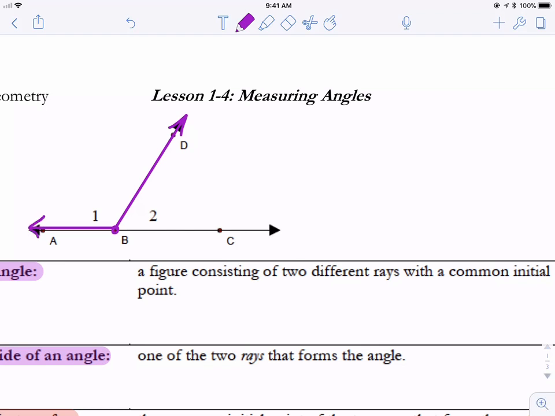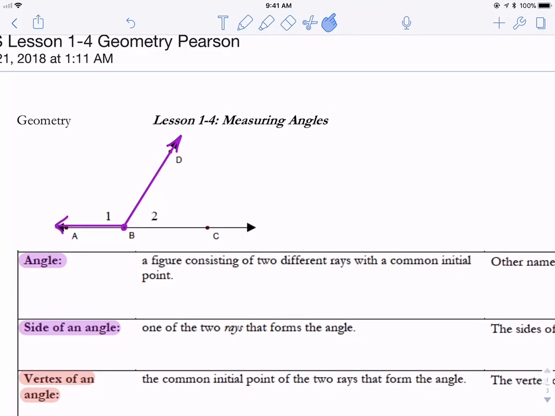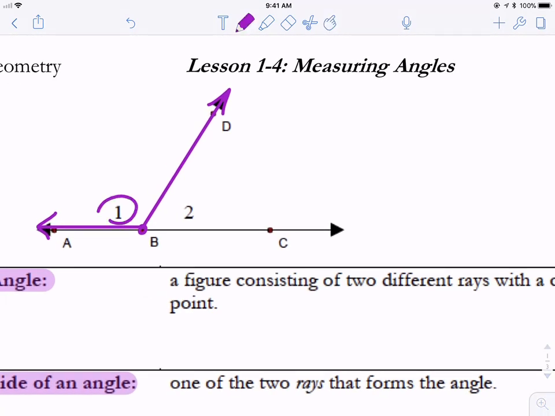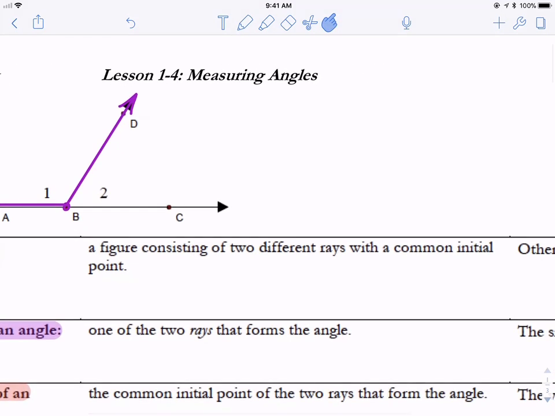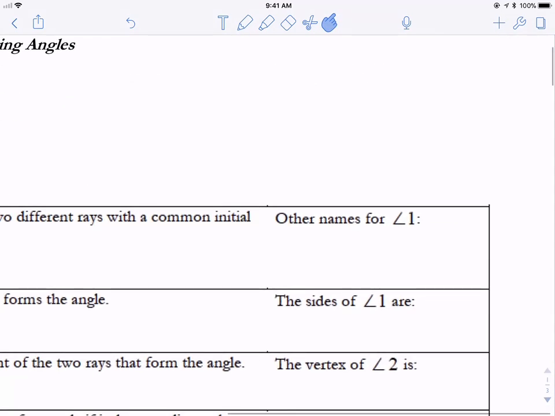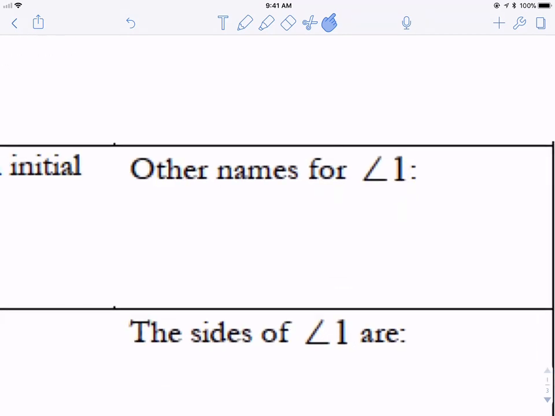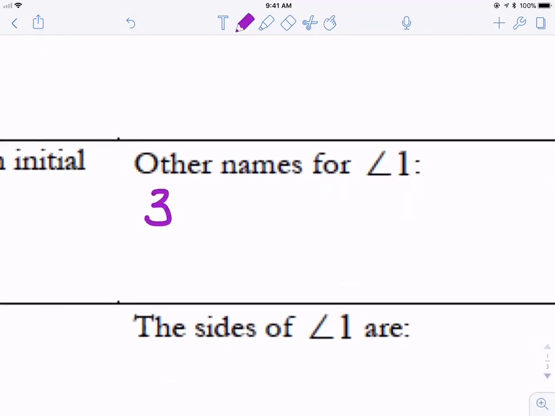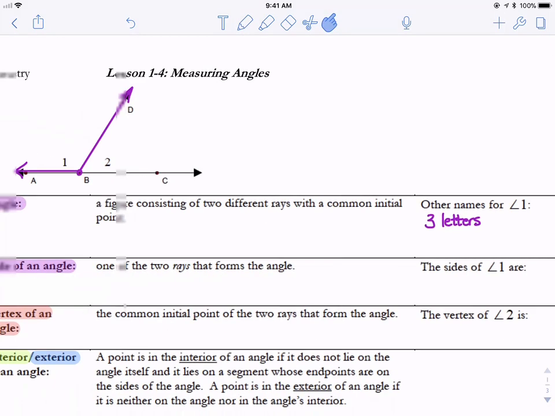Now, when you name an angle, you can either put a number in the interior of it like that, and it makes it easy to talk about angle 1, angle 2, angle 3, whatever in the picture, or you can name it with 3 letters, and you want to make sure that the middle letter is the vertex of the angle.